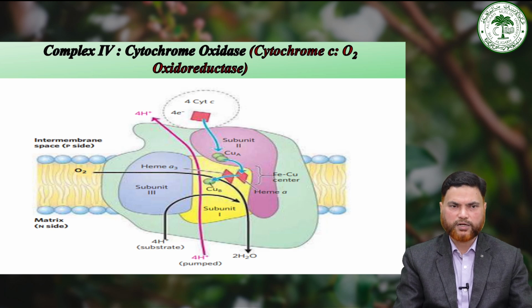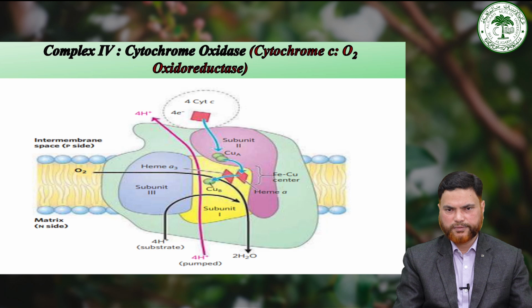First, the structure: how this complex is organized. Complex 4 is a large transmembrane protein complex composed of basically 13 subunits and contains 2 heme groups, heme A and heme A3, and 3 copper ions arranged as 2 copper centers.